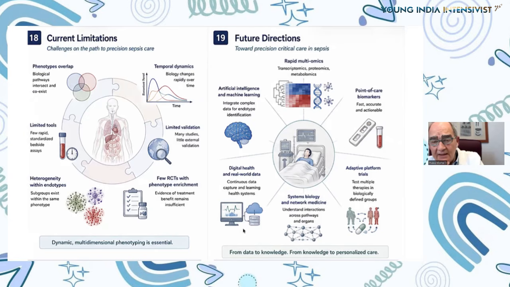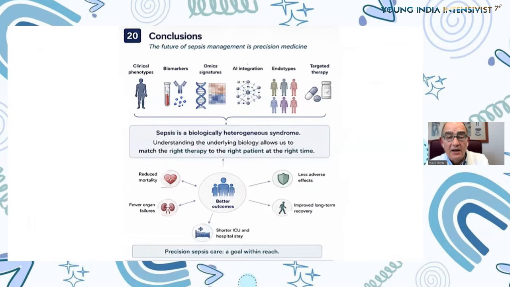And finally, systems biology and network medicine help us understand the interaction through the pathways, across pathways and organs. So we have to move from data to knowledge and from knowledge to personalized care.